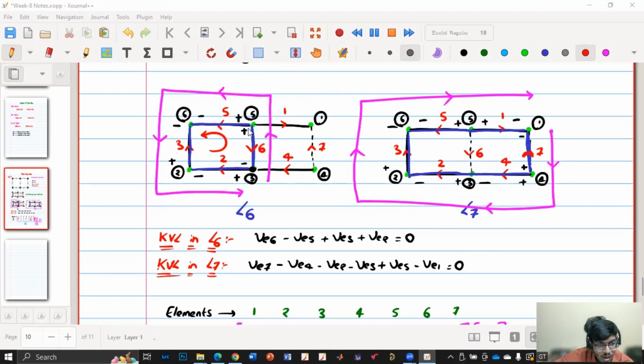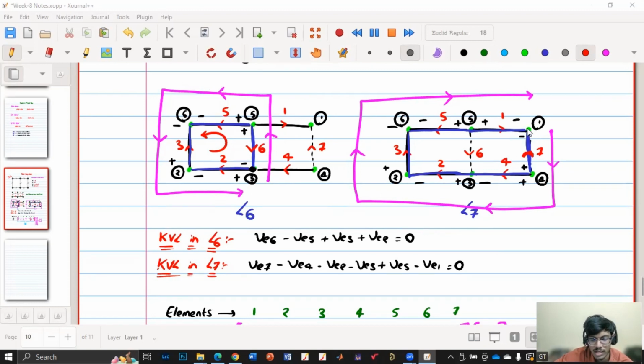If I go from top to bottom, we are going from plus to minus, which means there is a decrement in the voltage, so it will be minus VE6, but I don't want that. I want plus VE6 because it is a link and we want positive. That is the convention. So I have to go from bottom to top and then cover the entire loop. So here we are going in this direction.